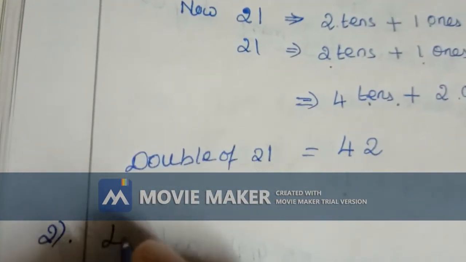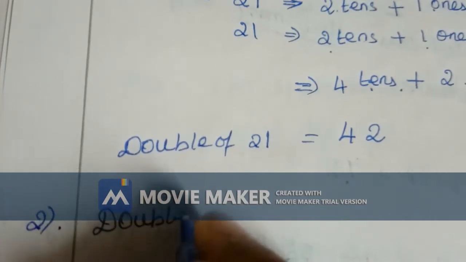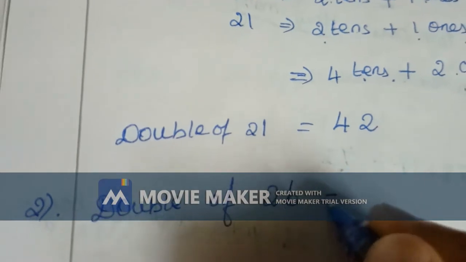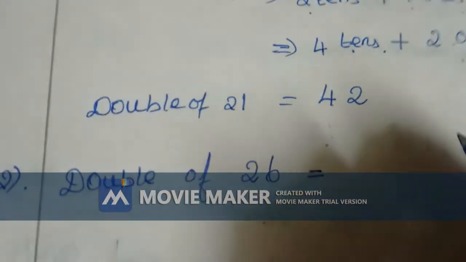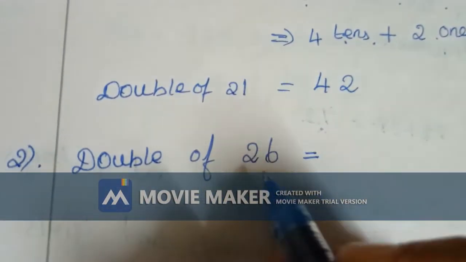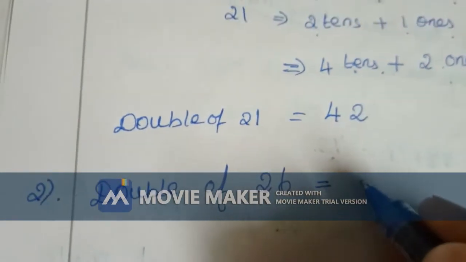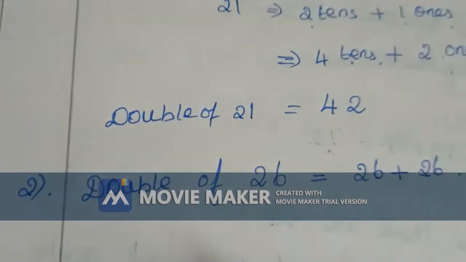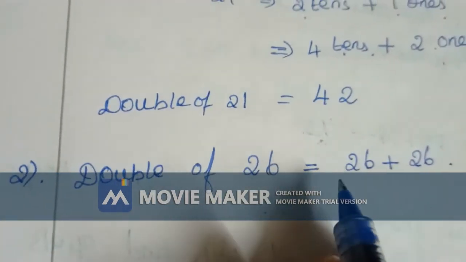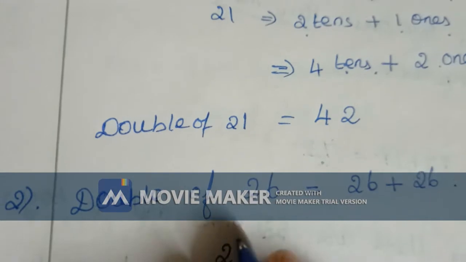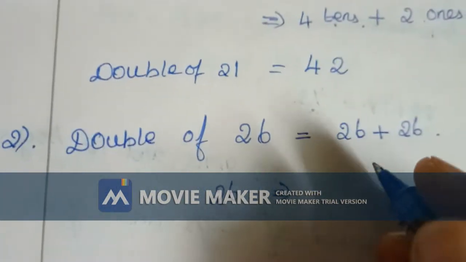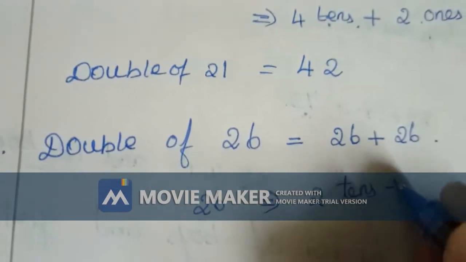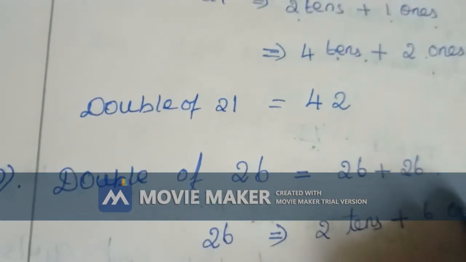Double of 26. So double of 26 means you have to add the same number to itself, 26 plus 26. Now we are going to expand the number 26. It has 2 tens plus 6 ones.